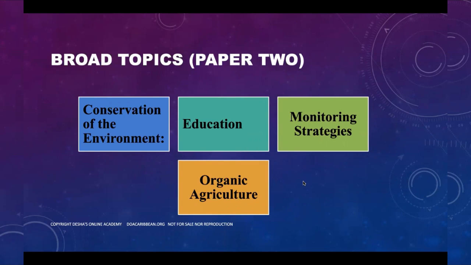We can do so by implementing laws to protect the environment, implementing sensitization programs to include education of the public on the benefits of protecting or conserving the environment. The government can implement monitoring strategies to ensure that humans are actually conserving the environment.